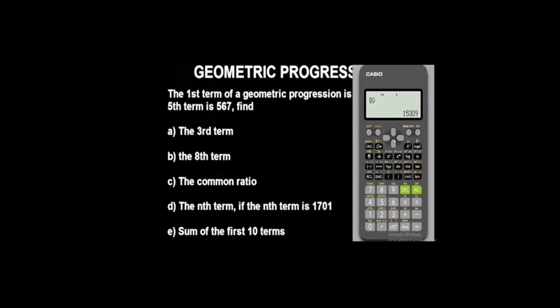So remove 8 and put 1 and see if we're going to get 7. So it's correct, 7. Now let's check for the fifth term. We should get 567. So it's correct. So this technique is working, it is correct.